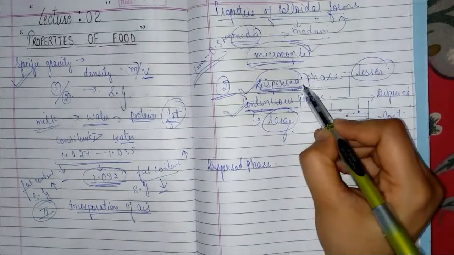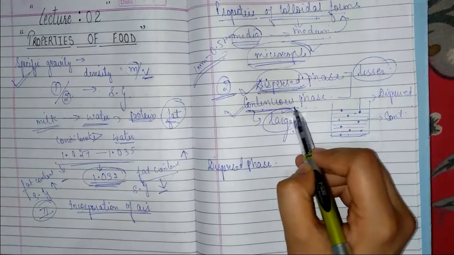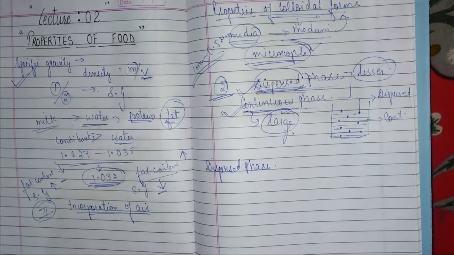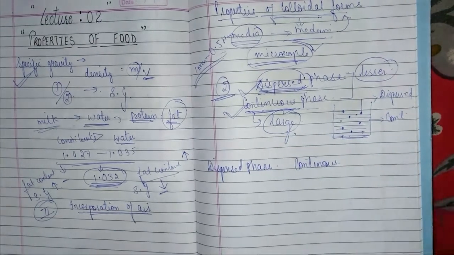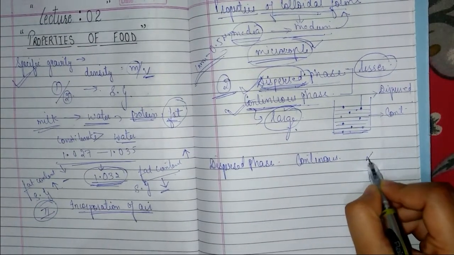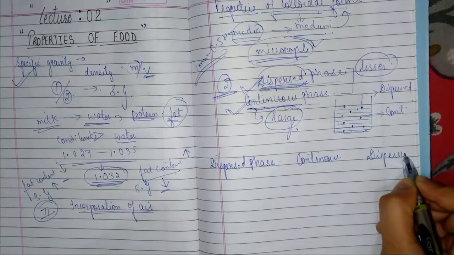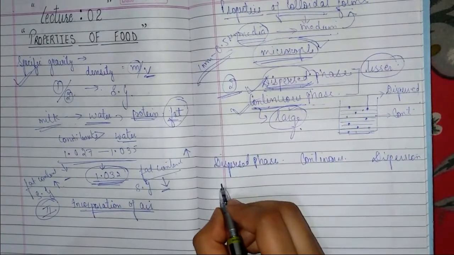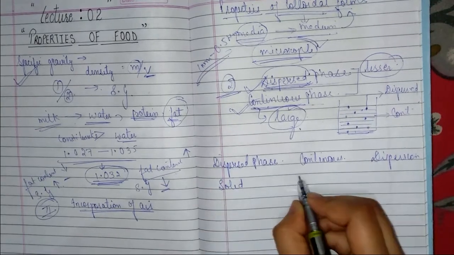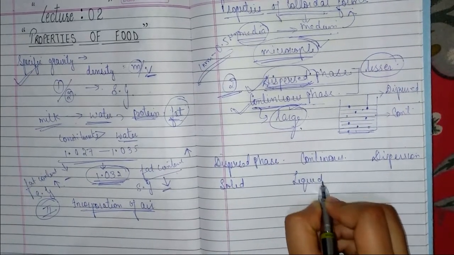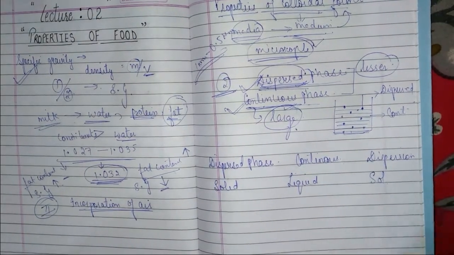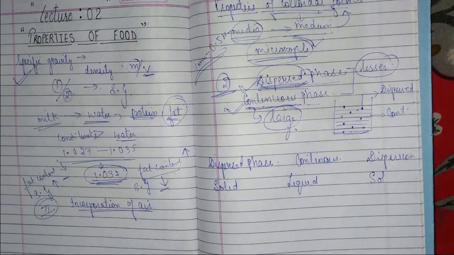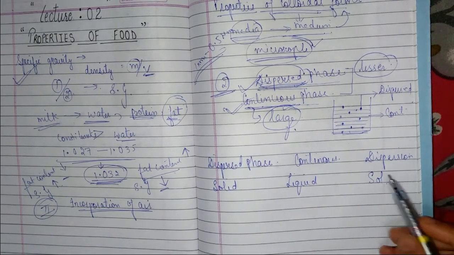So dispersed phase and continuous phase, and what type of dispersion is made. If I mix solid into liquid, what will form? It will form sol, S-O-L, sol. If I have a large amount of liquid and in that liquid I mix solid, it will form sol.